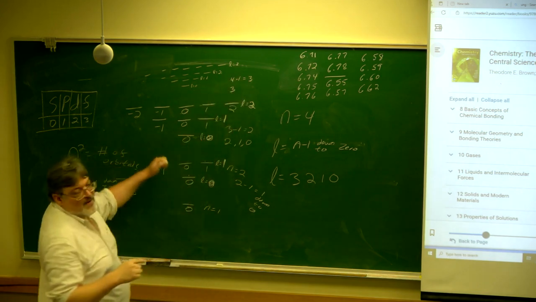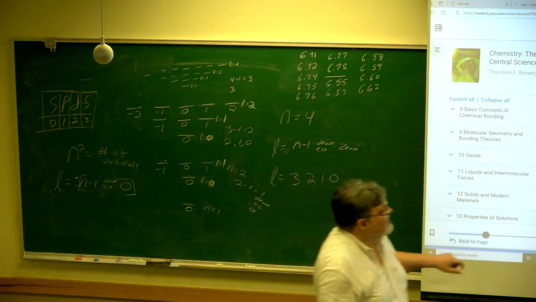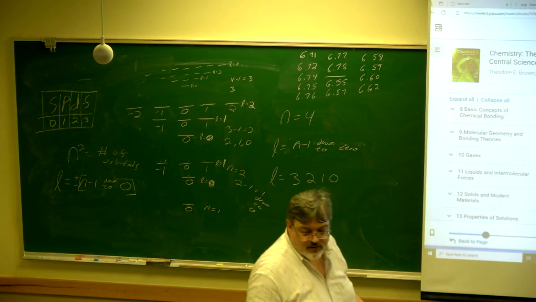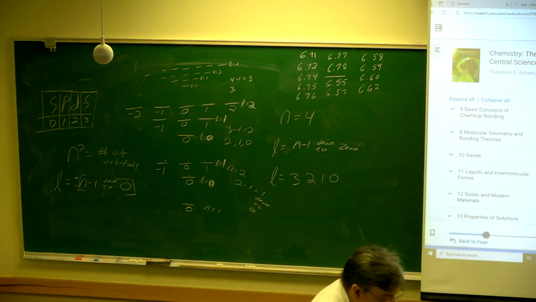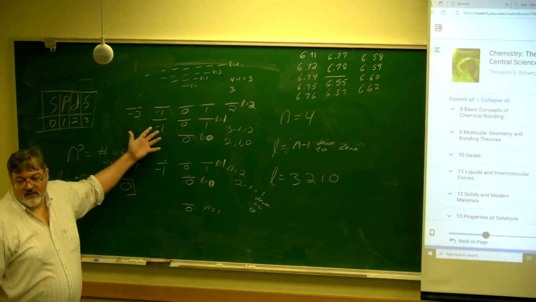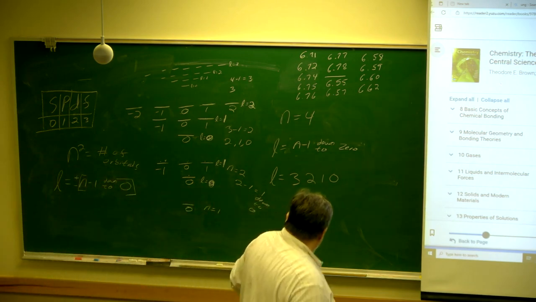Those are the possible values of L. So that's what this was asking, possible values of L, and that's the formula for it. N minus 1 down to 0 is the way I would put it. But again, if you'll just draw this and label it, it's all very obvious. These equations don't have to be that complicated.